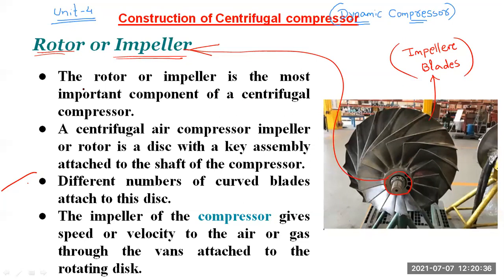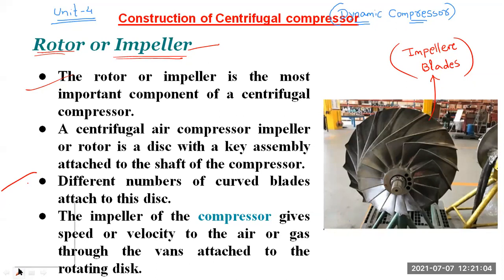So what will happen? The rotor or impeller is the most important component of a centrifugal compressor. In a centrifugal air compressor, the impeller or rotor is a disc. You can see this is nothing but a disc, one disc shape. This disc is attached with a key assembly to the shaft of the compressor.